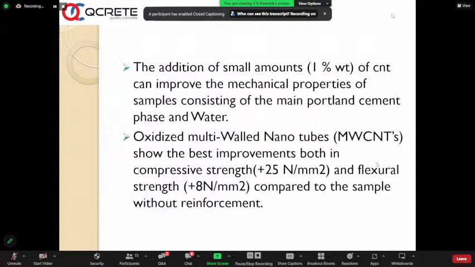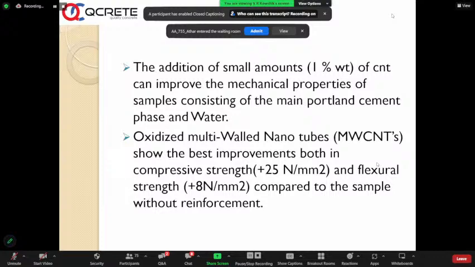Again, the challenges are price currently and dispersion, but multi-wall nanotubes have shown in many experiments good strength improvement, both compressive and structural, and abrasion resistance improvement.